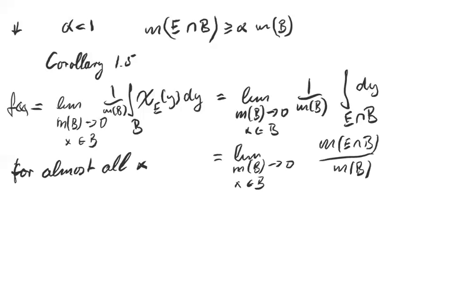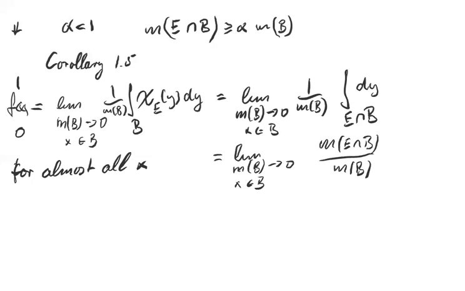And that means it is equal to 1 for almost all x in E, and it's equal to 0 for almost all x not in E, right? Yes. And that means for almost all x in E, x is a point of Lebesgue density, and for almost all x not in E, x is not a point of Lebesgue density.